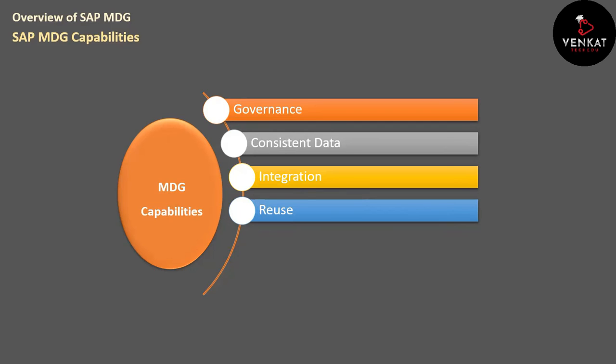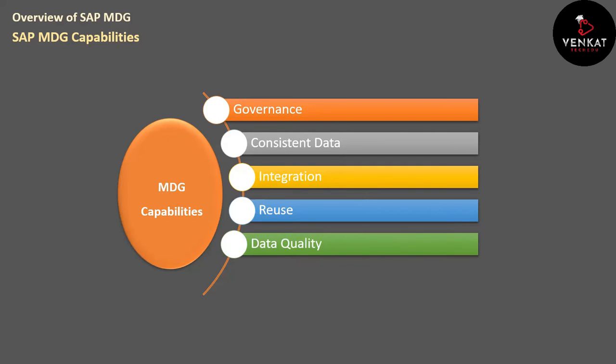Also, the current solutions given by SAP in MDG, like Material Master or Business Partner, are reusable. They can be easily extended and reused as per the customer needs.